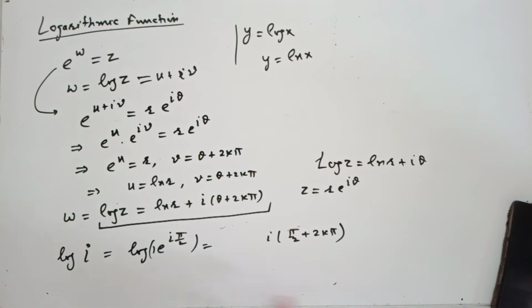So you understand this technique? For finding logarithm of a complex number, express your complex number in polar form. After that, use this formula. It is always multiple valued. You can select the principal value if required.